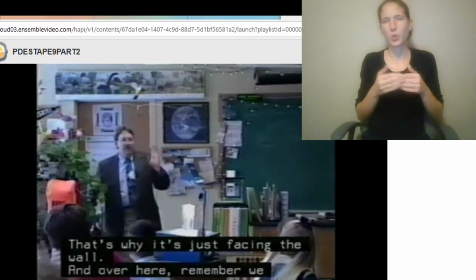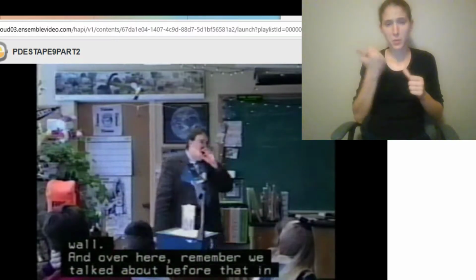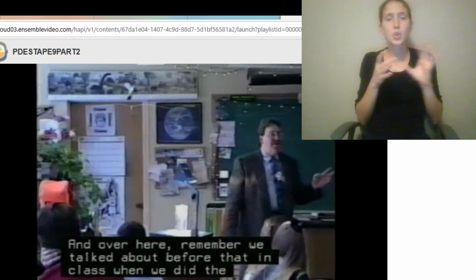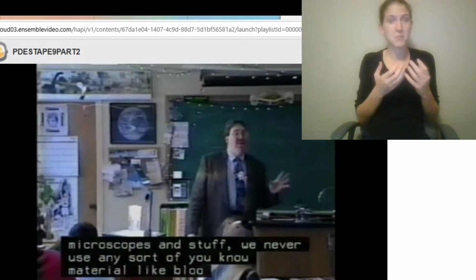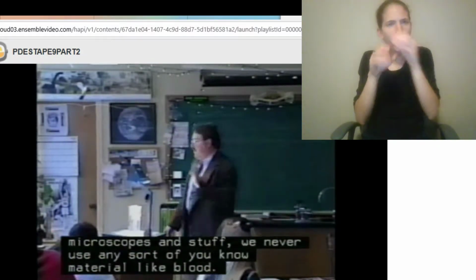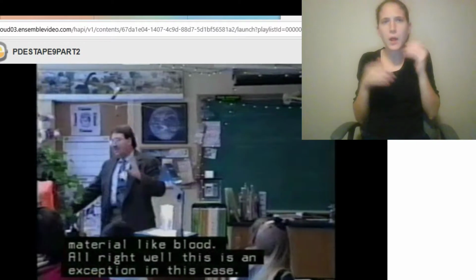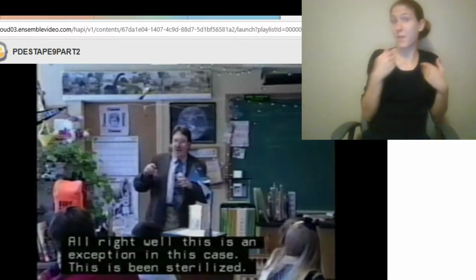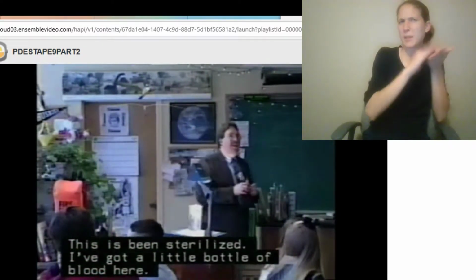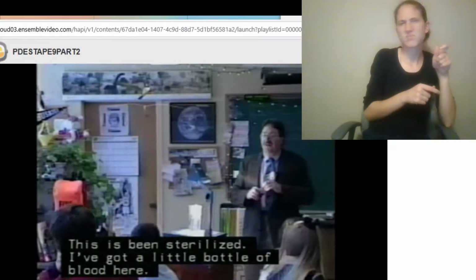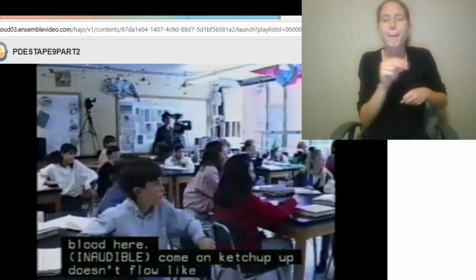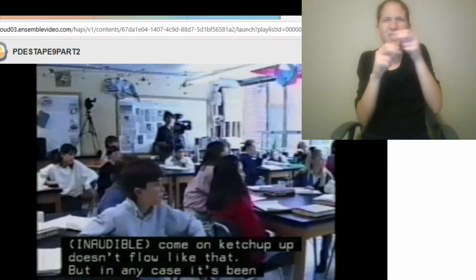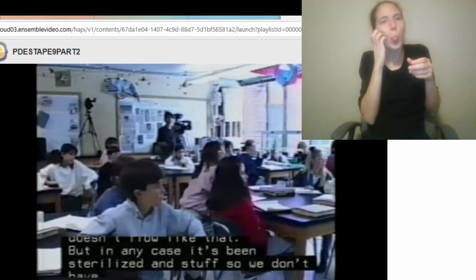And over here, now remember we talked about before in class when we did the microscope, we never used any sort of material like blood. Well, this is an exception in this case. This has been sterilized. I got a little bottle of blood here. Of course it's blood. Come on, ketchup doesn't flow like that. But in any case, it's been sterilized, so we don't have to worry about it.